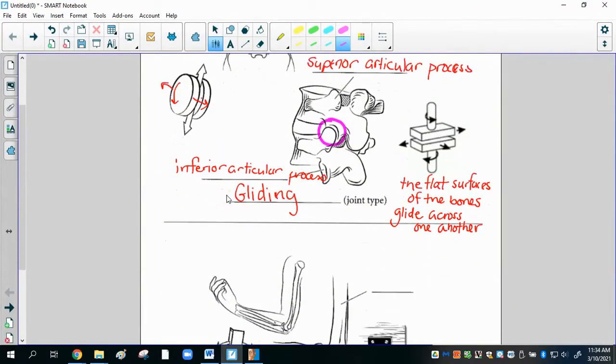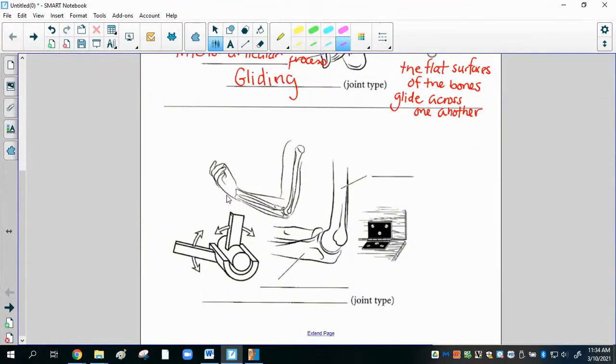The next type of joint that we're going to encounter on our worksheet is a hinge joint. As the name implies, it works like a hinge. So there's a little mechanical representation right here, and then a more obvious one here. The joint that is being illustrated is between the humerus of the upper arm and the ulna of the forearm.